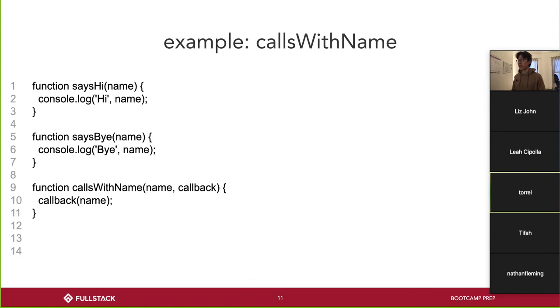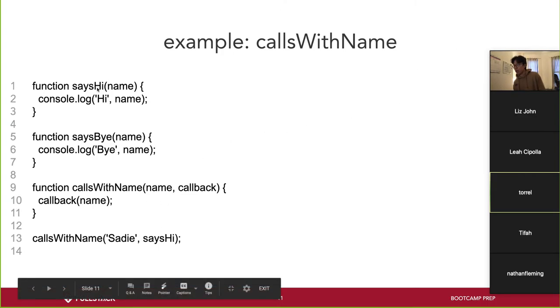So yeah, you can get fancy like this. Anybody want to take a stab at what this would log? We're passing in a function, say hi, which is, yeah, beautiful.